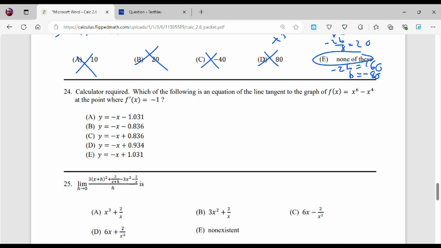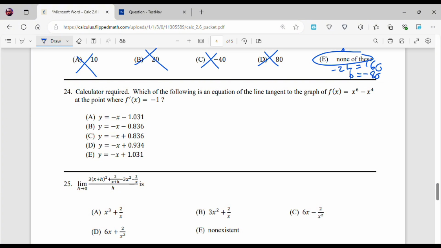Which of the following is the equation of the line tangent to the graph of f of x equals x to the 6th minus x to the 4th? Okay, so we're given f of x, and we're given that f prime of x equals negative 1, or at the point, right? So let's solve for f prime of x.